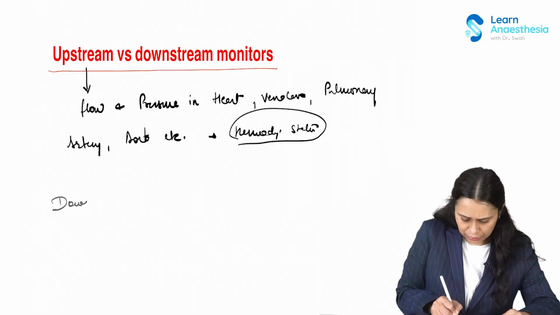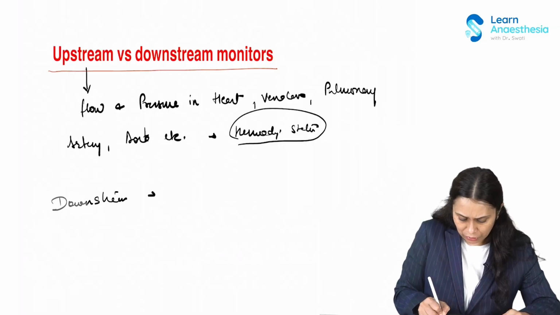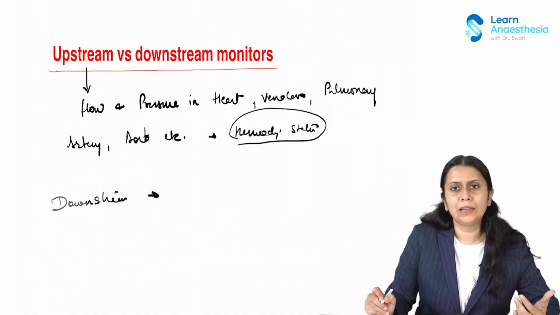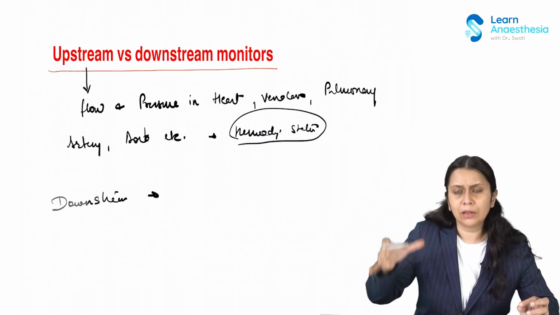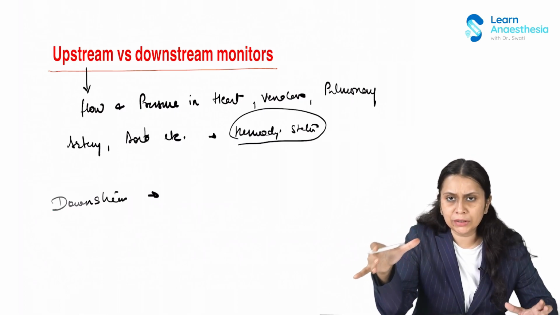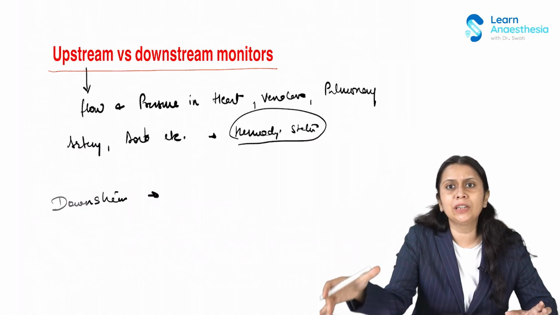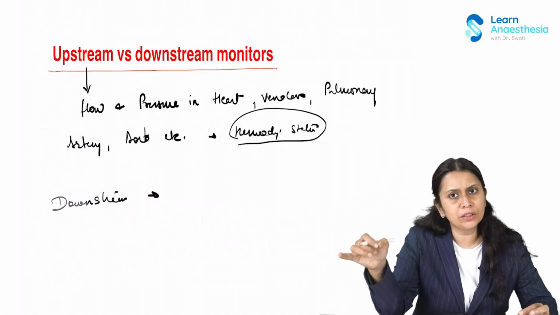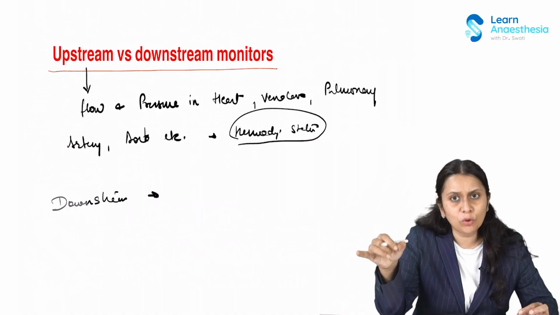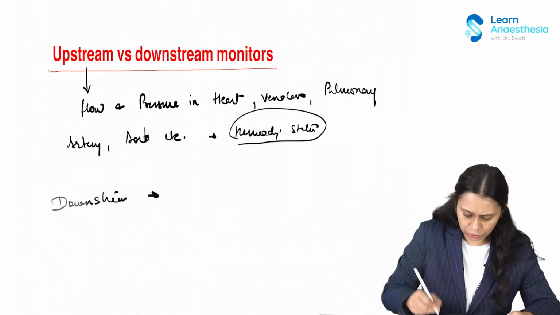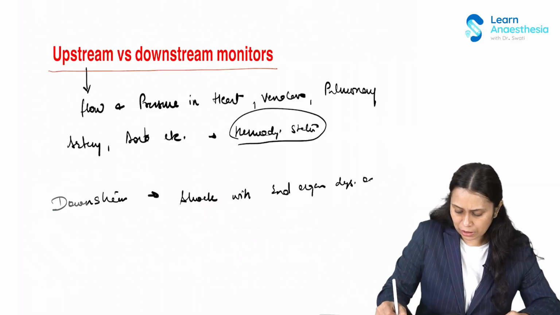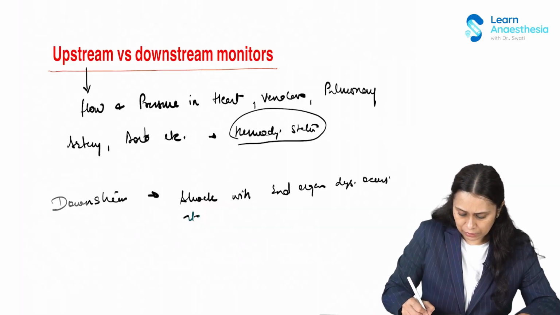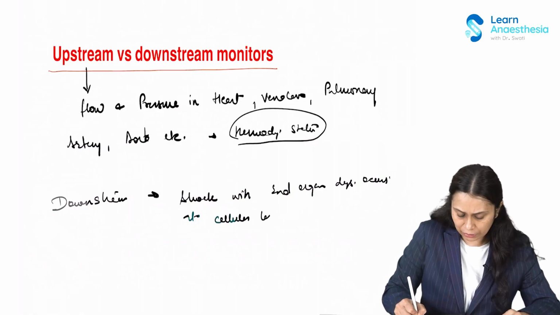So what do we mean by downstream monitors? We know that these monitors are even more important, because how do we define shock? Shock is the hemodynamic condition in which the perfusion of the end organs is not maintained. So if we have a monitor which monitors the perfusion of these end organs, it would be more precise for monitoring. Shock with end organ dysfunction occurs at the cellular level or tissue level.